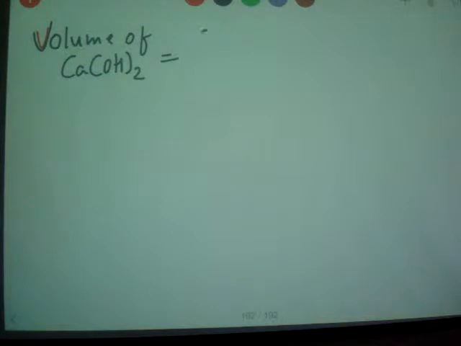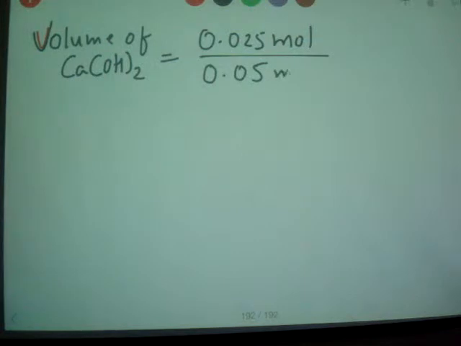We know that 0.025 mole of Ca(OH)2, and what's the concentration we have? 0.05 mole per liter. So we can say 0.5 liter of Ca(OH)2.